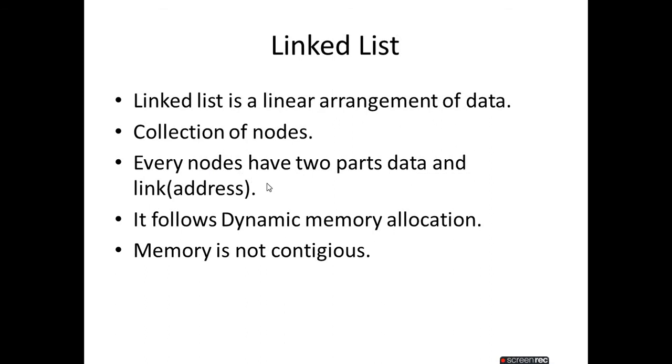Now, every node has two parts. In a linked list there are lots of nodes, and each node has two parts. One is the data part, and the other is the link part, or next part, or address part. One is used for storing the data, and the other is used for pointing to the next node, or storing the address of the next node.